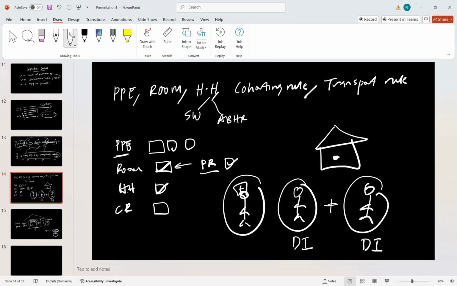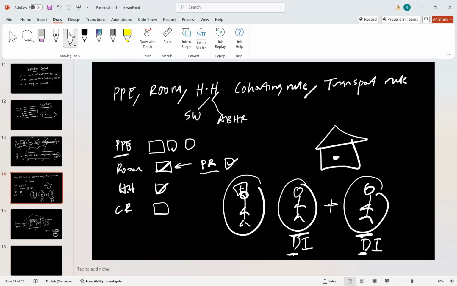But the rule is that both clients must have the same infection. There's a difference between having the same precaution and having the same infection. The precaution is that we are going to use droplet precaution. The infection is whether we are having the same infection and not a different droplet infection.